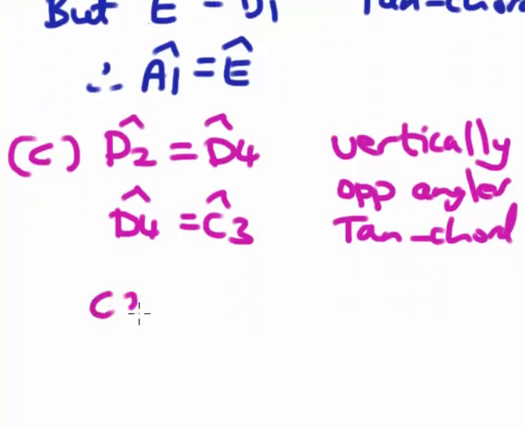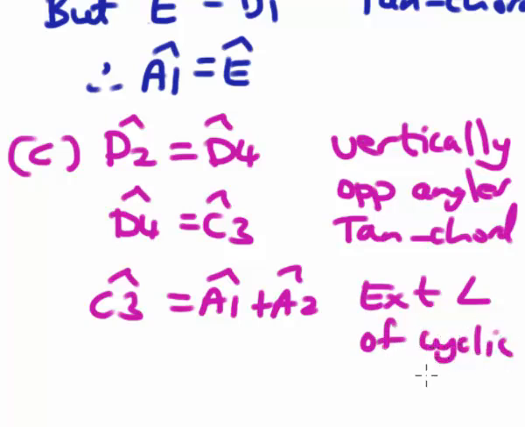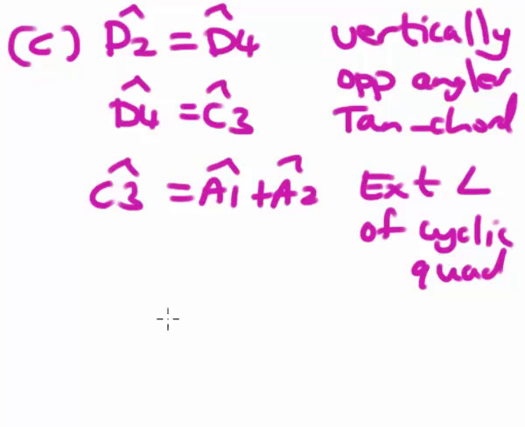We know that C3 is A1 plus A2, exterior angle of the cyclic quad. What a pleasure. So you can see now immediately D2 is D4, D4 is C3, C3 is A1 plus A2, and therefore you can conclude that D2 is equal to A1 plus A2.